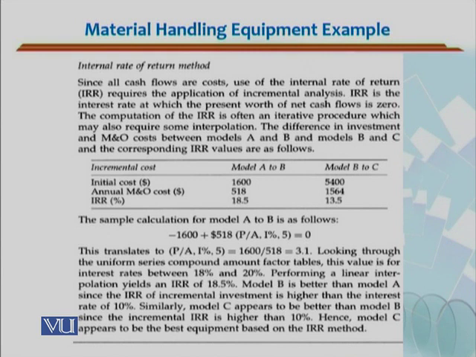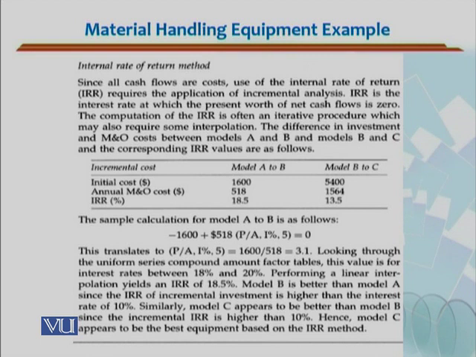The sample calculations for model A and B are as follows. So it would be minus 1600 plus 518 into the factor of P by A at i% in 5 years of life would be 0. This translates to 3.1. Looking through the uniform series compound amounts factor table, the table would be there to find it, and you will find the value. So this value is for the interest rate between 18% and 20%.